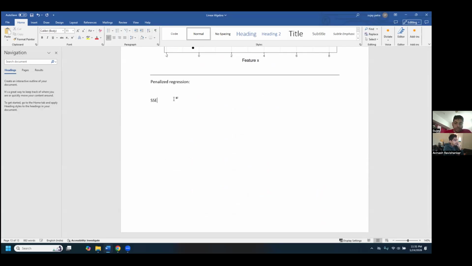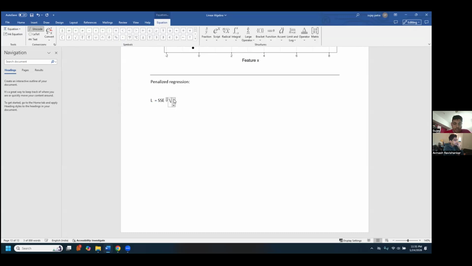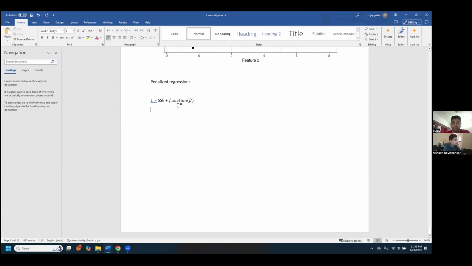So what we do is we minimize the loss function, which is written as SSE plus some function of beta. This function is the penalty function of beta, the second part that we are adding.